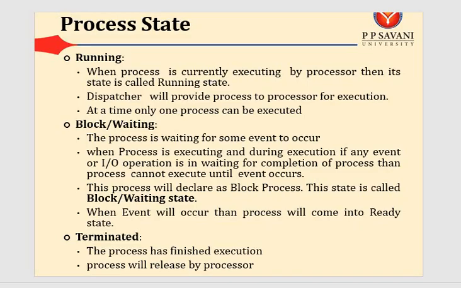Next state is the block or waiting state. The process is waiting for some event to occur. Let's say an example. Suppose any process requires input output resources like a printer, but at that time the printer is not available for the process, but the process execution requires the printer.